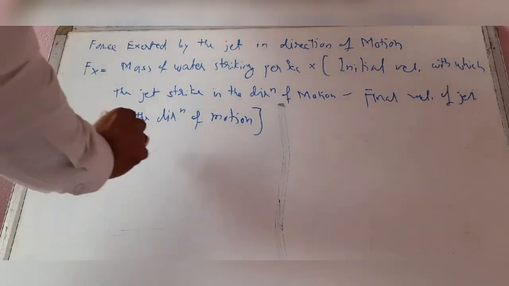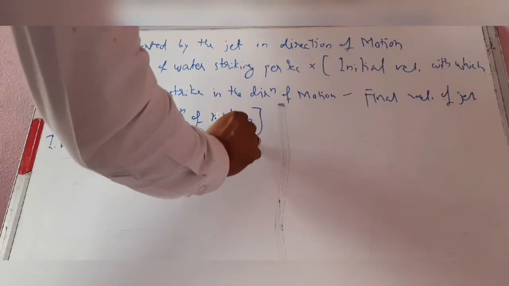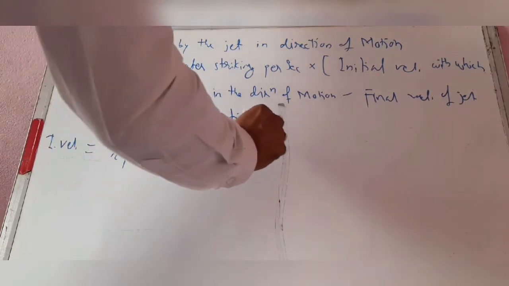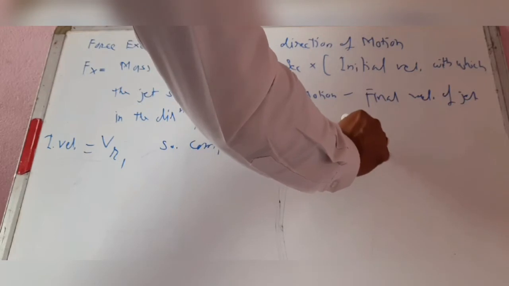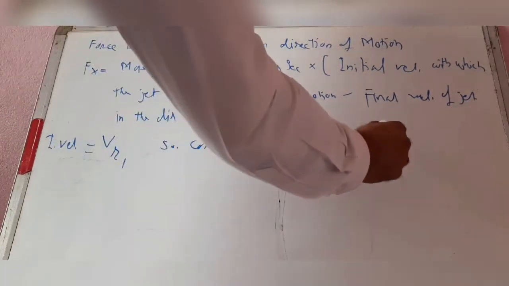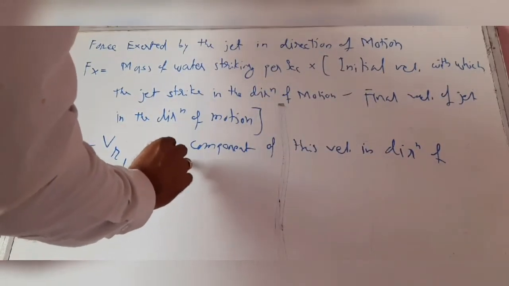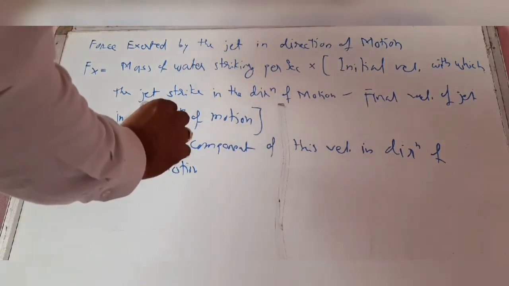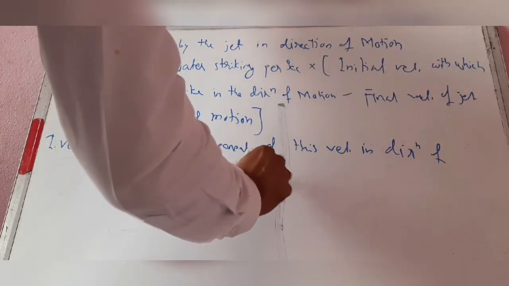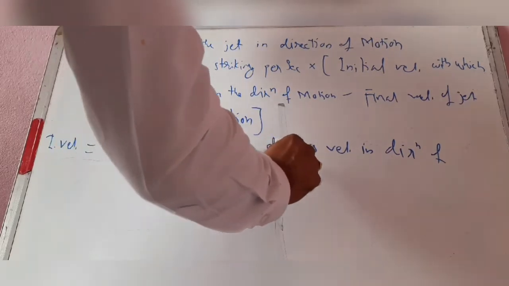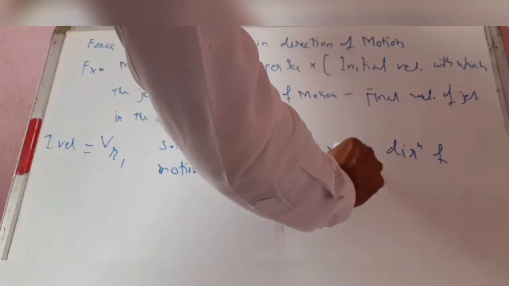So the component of this velocity in direction of motion is equal to v(r1) cos theta, that is equal to v(w1) minus u1.